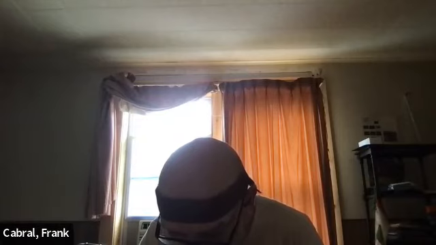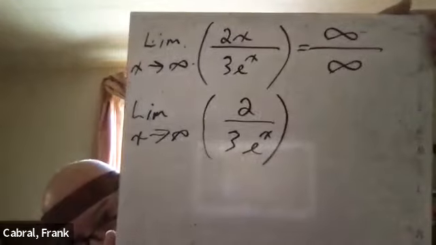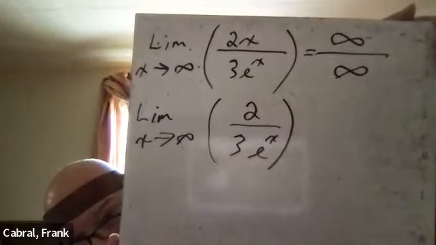So this leaves us then with the limit as x approaches infinity of 2 over 3e to the x. Now, this is no longer infinity over infinity. The numerator is a constant.